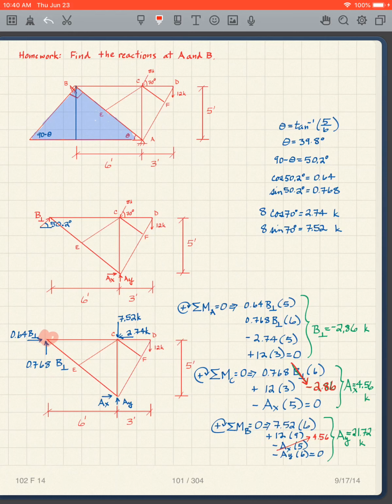This is going to be clockwise, so it's positive. Clockwise, so it's positive. Counterclockwise, so it's negative. Counterclockwise, so it's negative. Put all those values in there, I get AY.